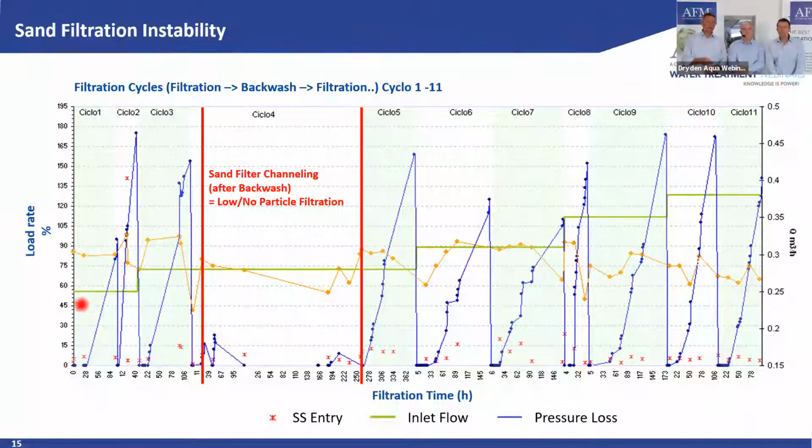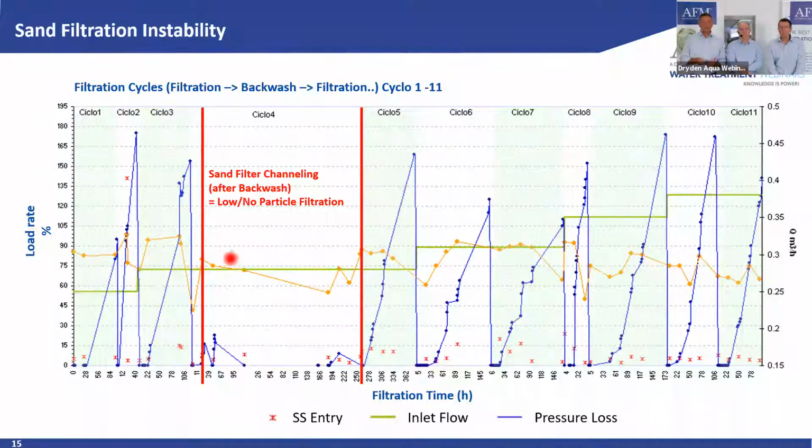The loading rate here is just the increase of the pressure, the delta P. They just measured the delta P. The filter was filtering here, had a breakthrough for whatever reason, until they reached a 180 millibar pressure increase, and then they backwashed. And they did this in the next cycle.